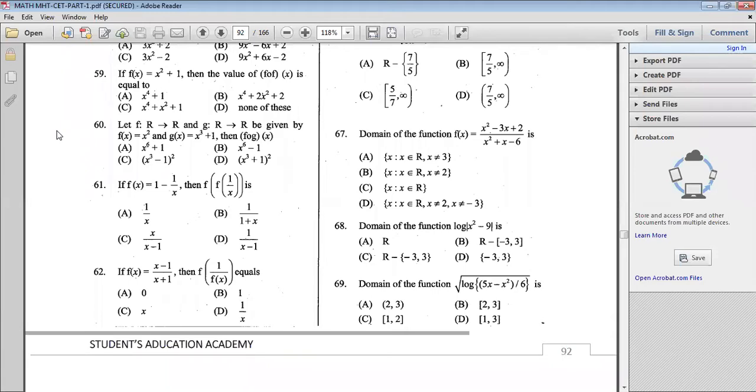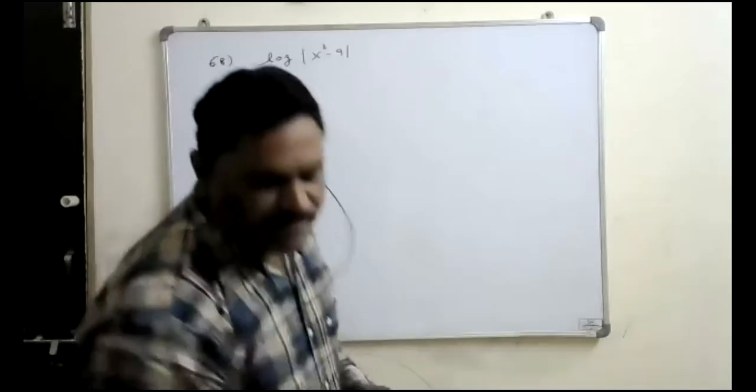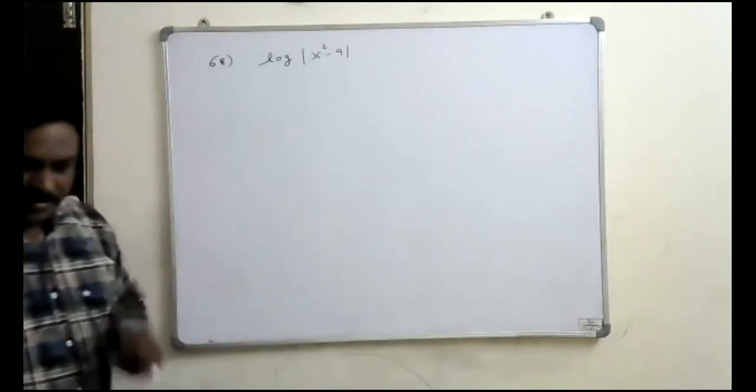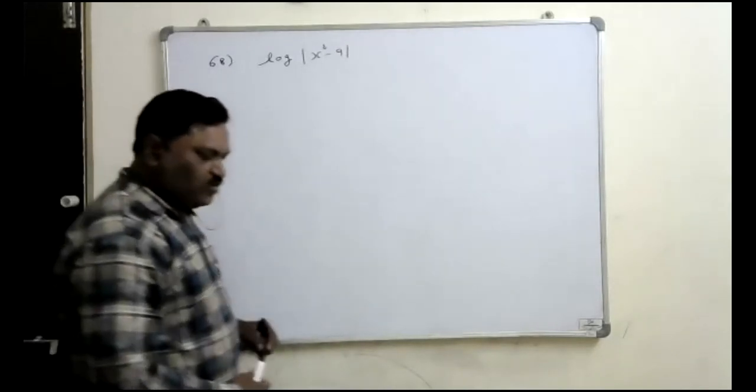Now look at 68. The domain of the function log modulus x square minus 9. We have to find the domain, meaning the values of x for which the function is defined.